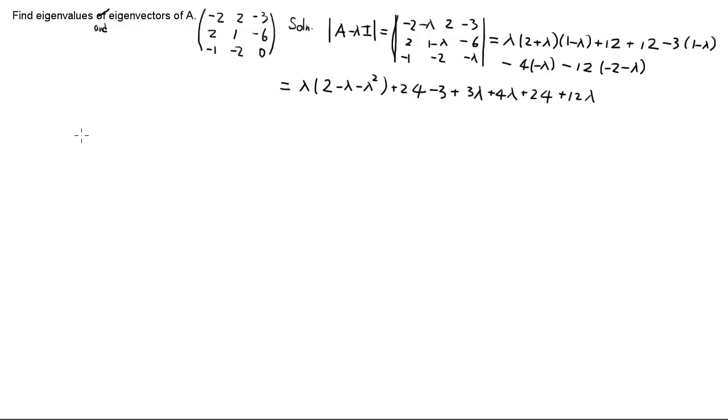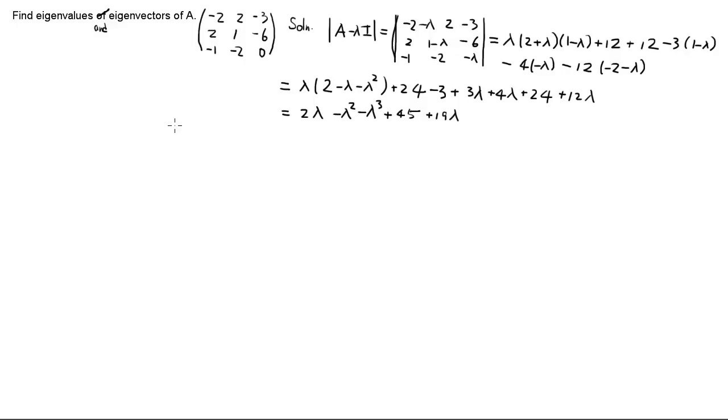Let's try to multiply them out, all of them. And we have 2 lambda and minus lambda squared and lambda cubed. Now we can add them up. So we have over here 24 is 48 minus 3 is 45. And then 7 lambda plus 12 lambda, we have 19 lambda over here.